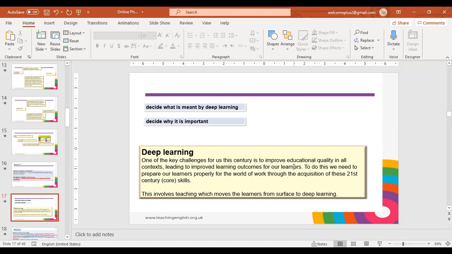Also, we have here something called the three R's. The three R's are reading, writing, and arithmetic. So, in deep learning, we're focusing on teaching students to read well and to understand all the details in the text and to reflect upon it.